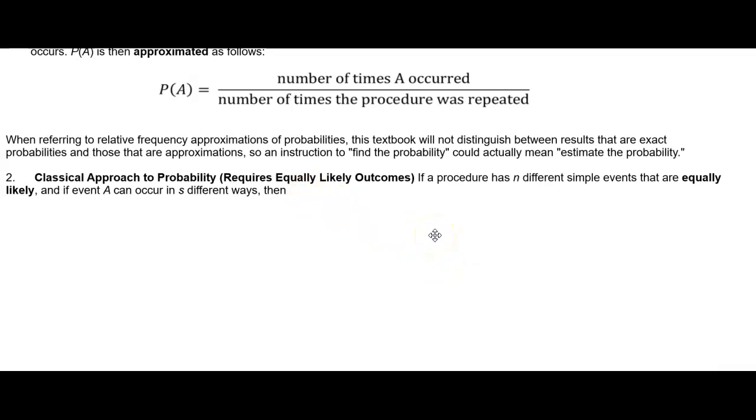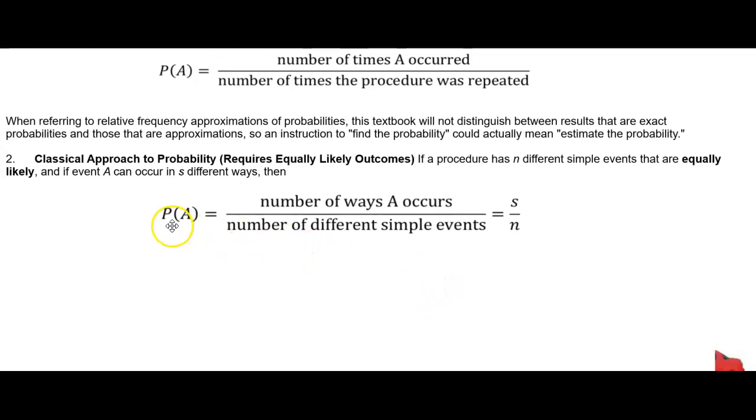If a procedure has n different simple events that are equally likely, and if event A can occur in s different ways, then the probability of event A occurring is equal to the number of ways A occurs divided by the number of different simple events, which is s over n, where s represents the number of ways A occurs and lowercase n represents the number of different simple events.